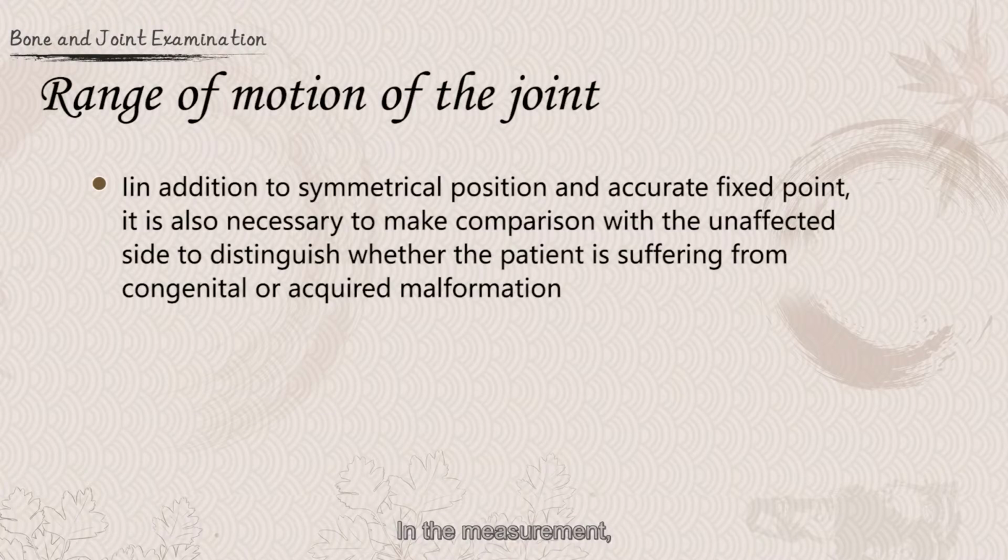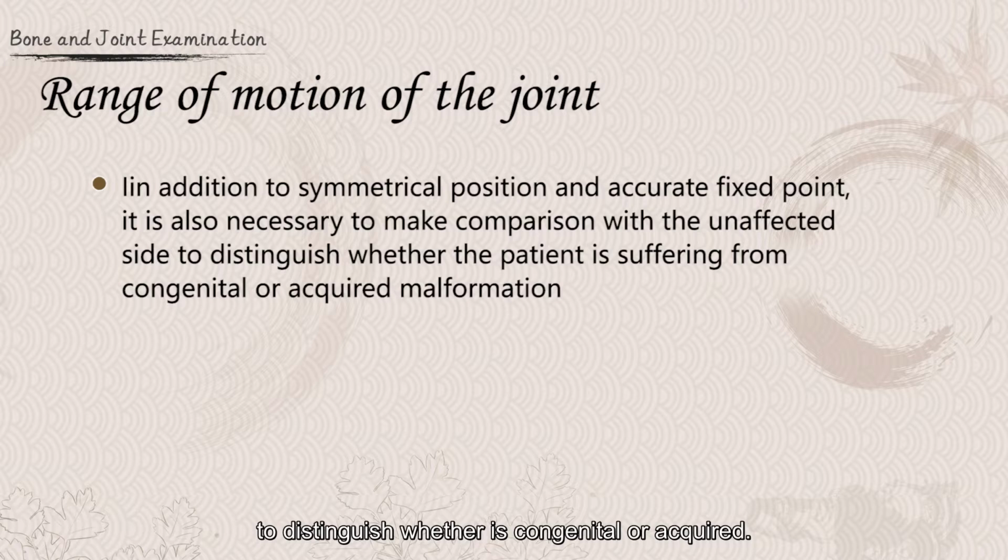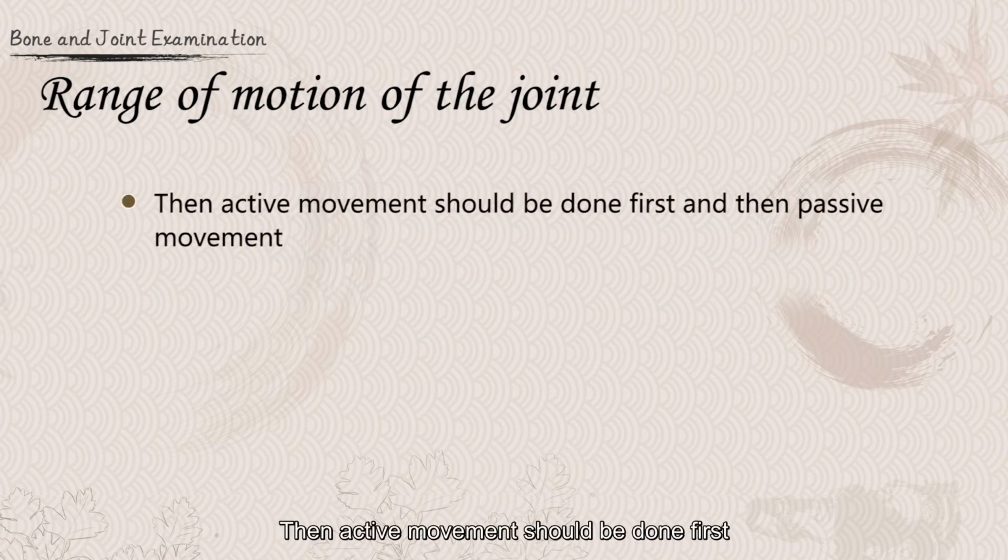In the measurement, in addition to symmetrical operation and accurate fixed point, it is also necessary to make comparison with the normal side to distinguish whether it's congenital or acquired. Then, active movement should be done first and then passive movement.